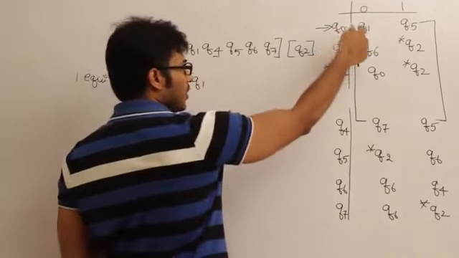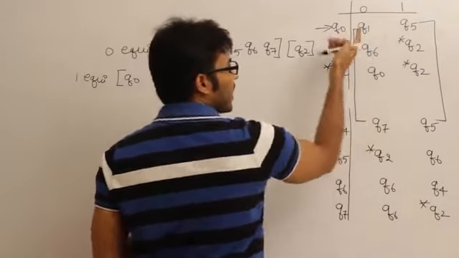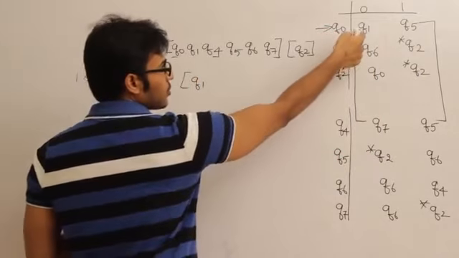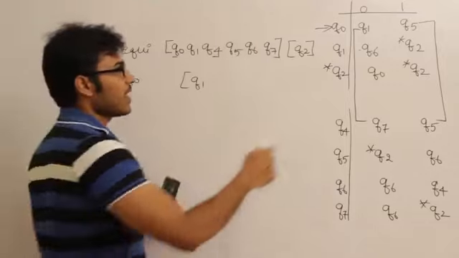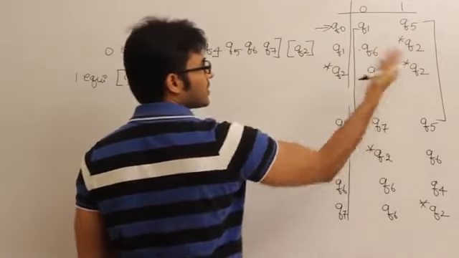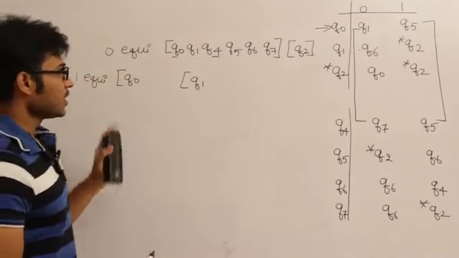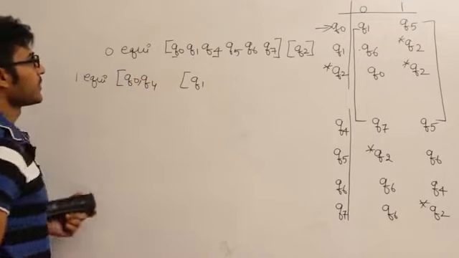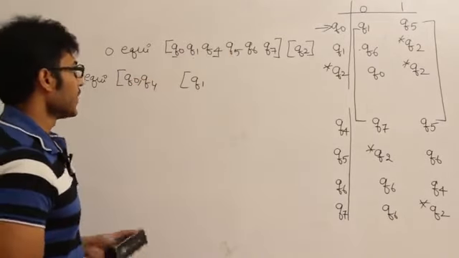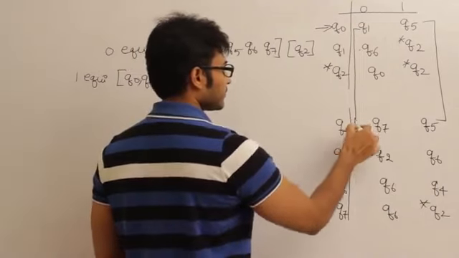Q0 and Q4 go to Q1 and Q7, which are in the same group, and Q5 and Q5, obviously in the same group because they are the same state. Therefore Q0 and Q4 are one equivalent. Next let us say Q5. I want to check Q0 and Q5.